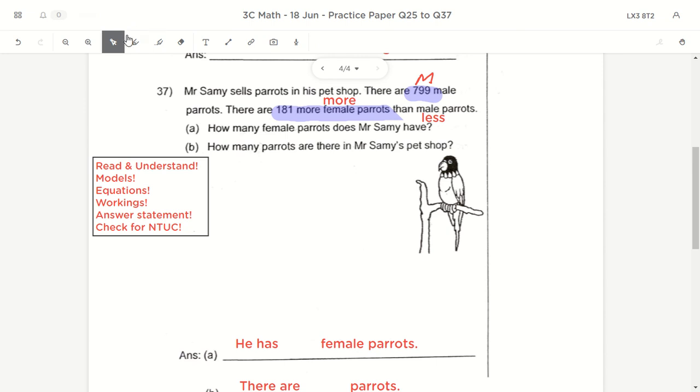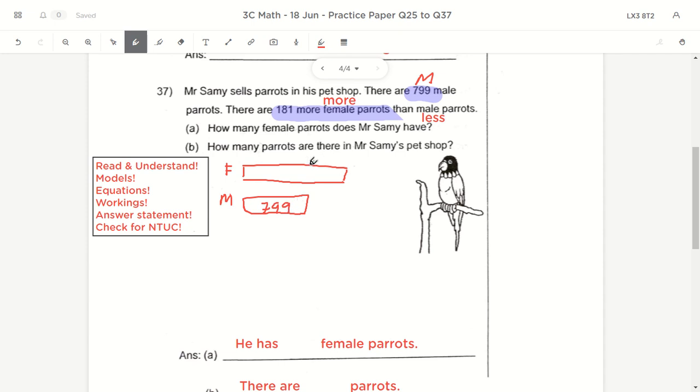So let's start. I have a female, I have a male. Female is longer because there are 181 more, so I draw a longer one. I don't care how short the male is, as long as it's shorter, you'll be good. I know there's 799 male, so this is 799.